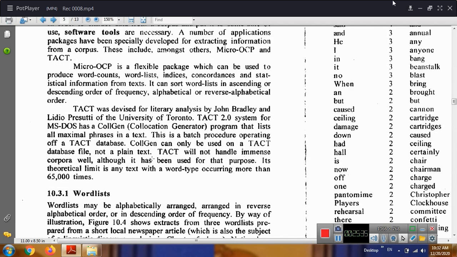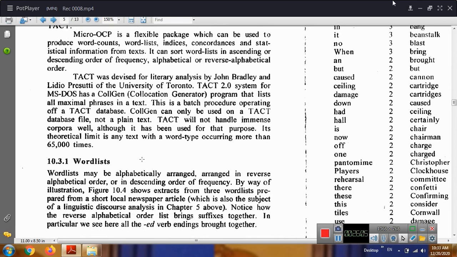TACT was devised for literary analysis by John Bradley and Lidio Presutti at the University of Toronto. The TACT 2.0 system for MS-DOS has a collocation generator program that lists all maximal phrases in the text. This is a batch procedure operating on a TACT database.